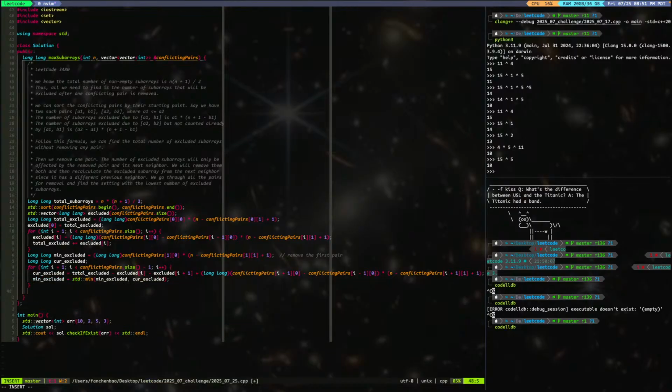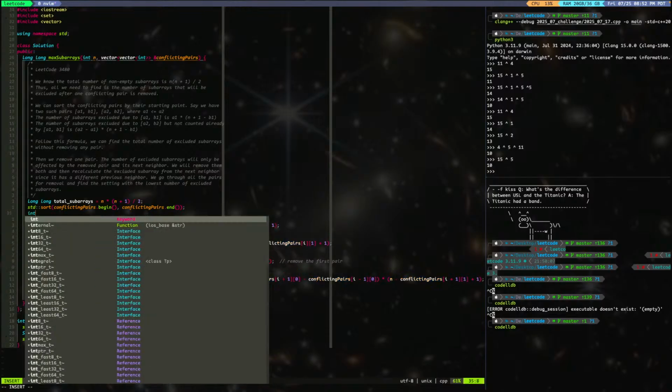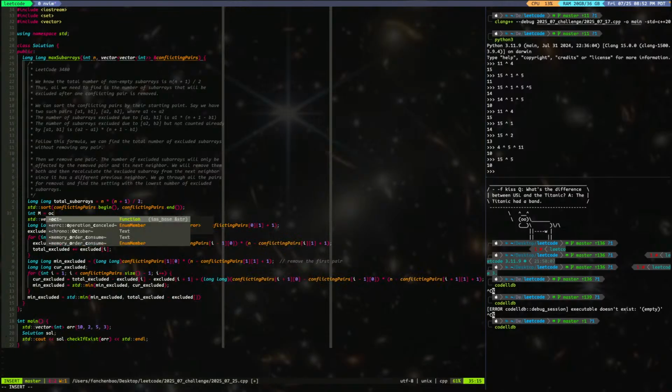Alright. So at the end I need to do it one more time, because I should say min excluded will be total excluded minus the last one, excluded conflicting pairs dot size.